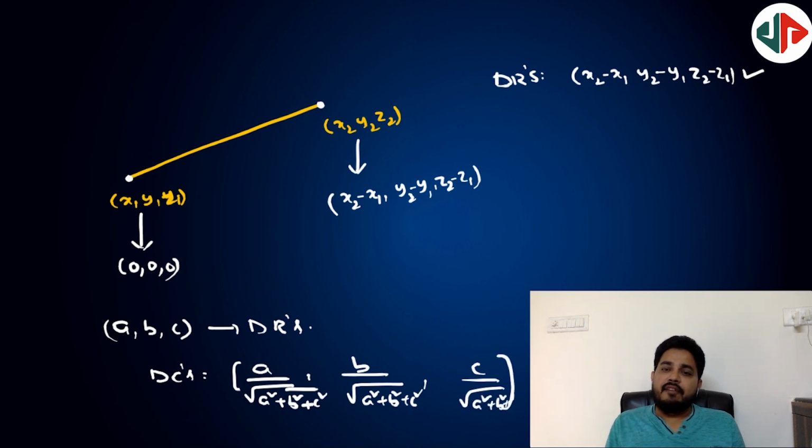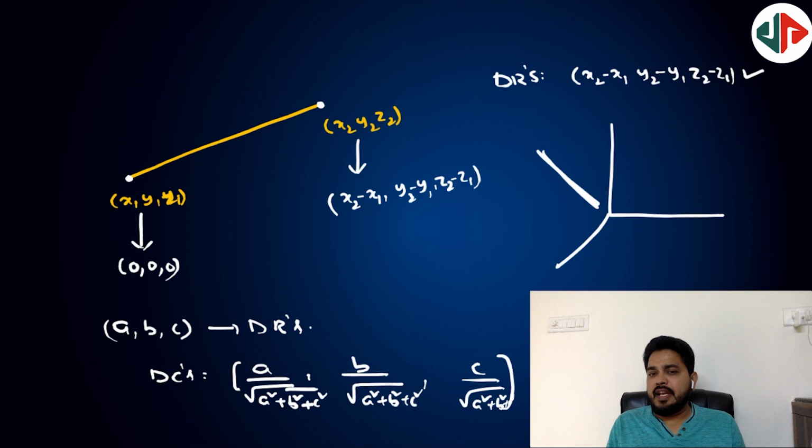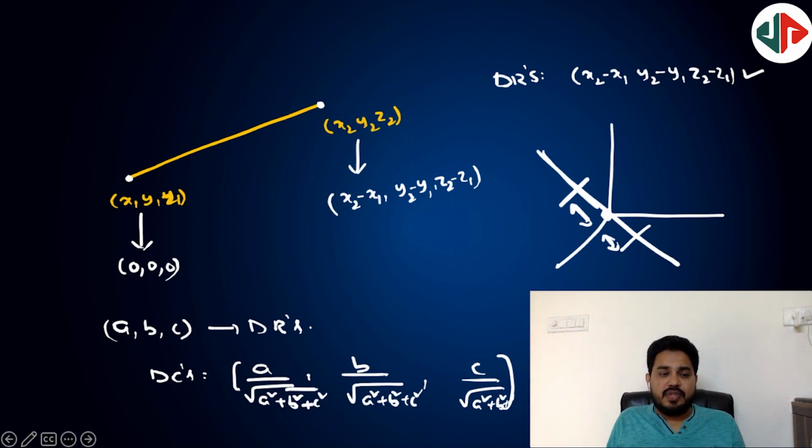Means when you draw a line parallel to this one through the origin, the 2 points which are 1 unit away from the origin are known as the directional cosines. That is called the directional cosine.